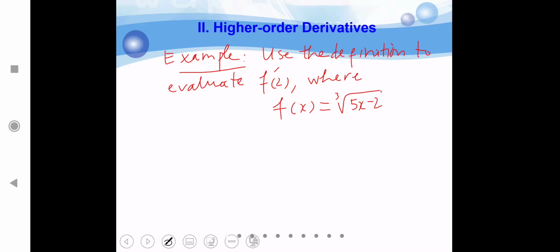Okay. Now you calculate f prime 2, where f(x) equals cube root. You remember that we need to use the definition of f prime. You mustn't use the formula, only use the definition.